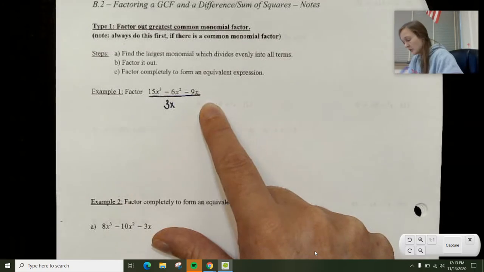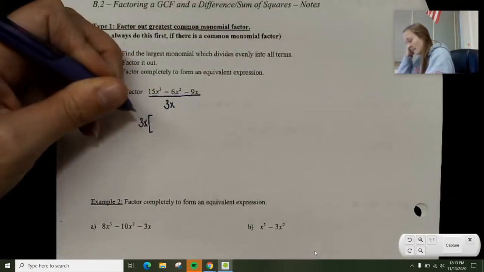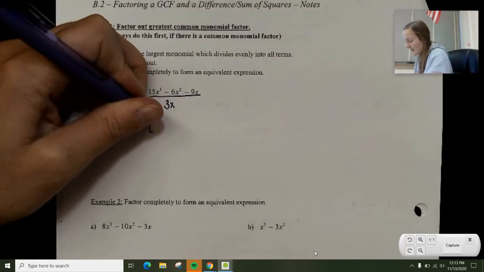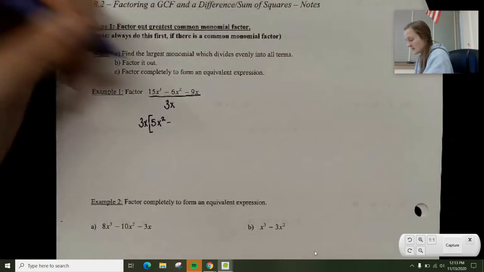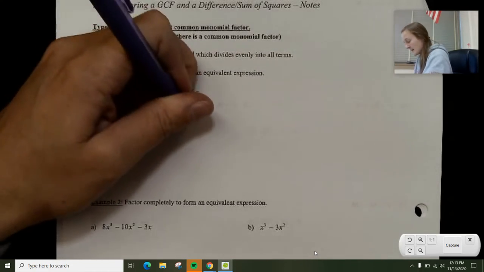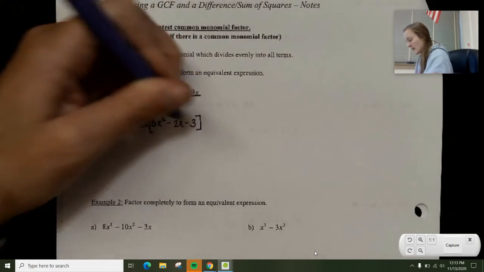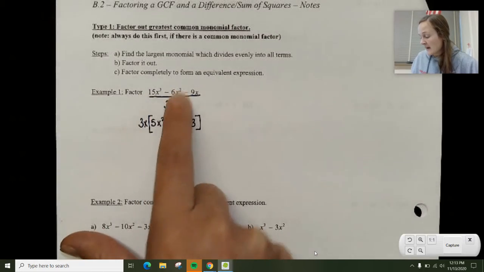Now when you take out a GCF, you put it in the front, 3x, and then I'm left over with 5x squared minus 2x minus 3. Now these terms come from each term divided by 3x.